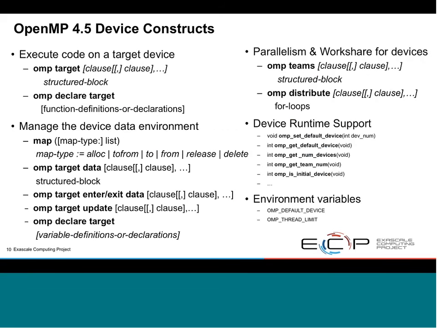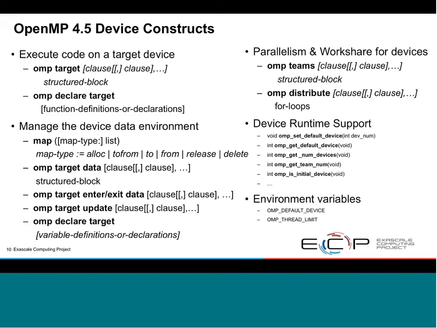There are different clauses in OpenMP 4.5 that we can use to program the accelerator. This is just to give you an overview of what they are. We have a target clause, where anything that is inside the target is going to be code that is executed in the accelerator. We have clauses to manage the device data environment and also map variables and update the variables between the host and the device.